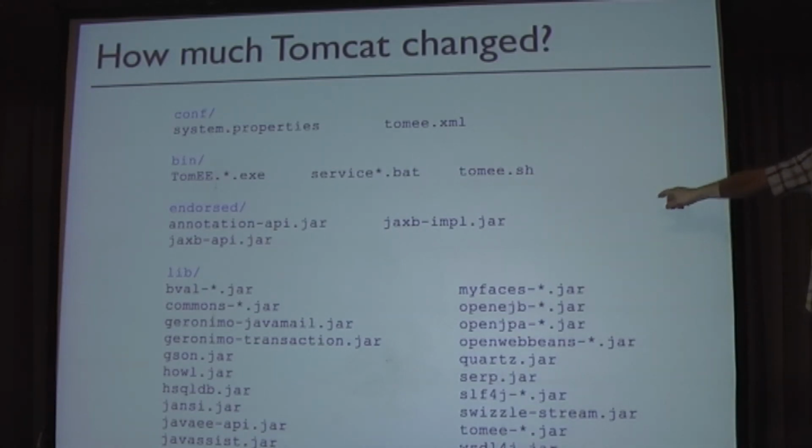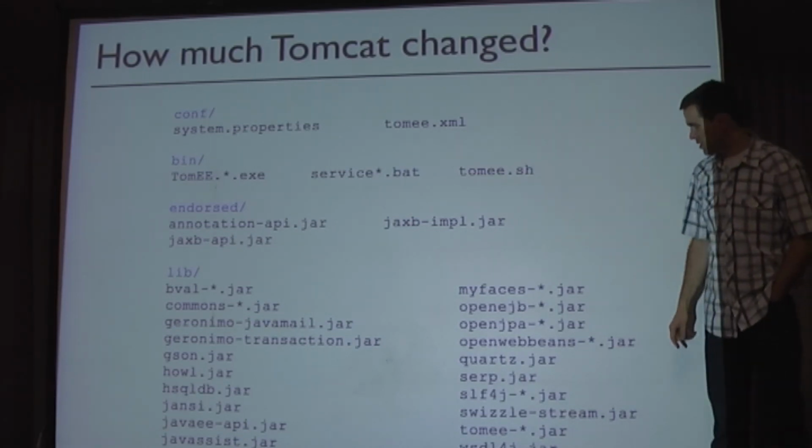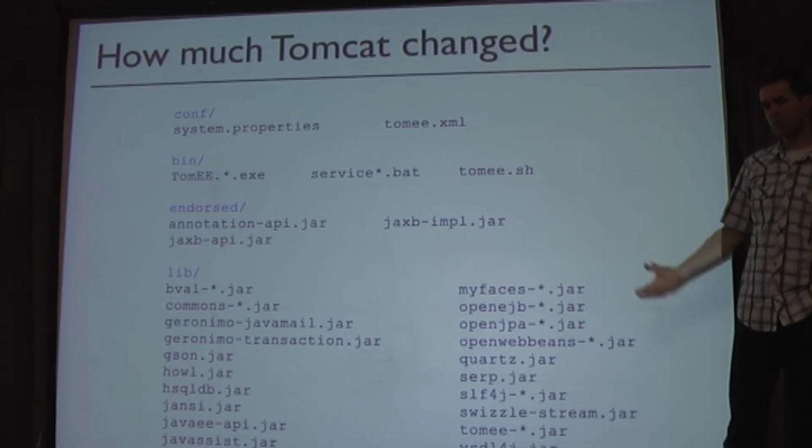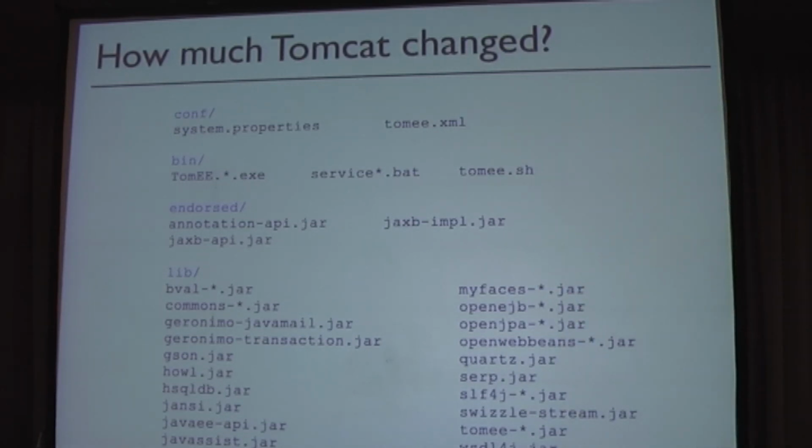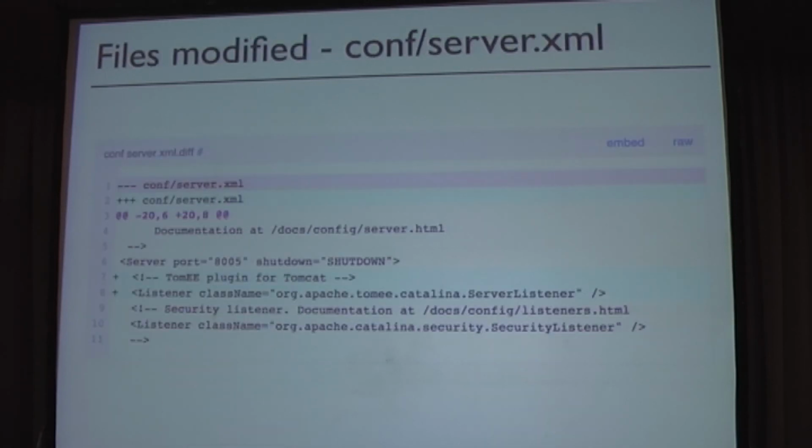I'm sorry, it's not as visible as it should be, but I didn't know how well it was going to be displayed here. But then there are some additional libraries that constitute TomEE. Without them, there wouldn't have been TomEE. Well, okay, the third conditional in English is terrible.